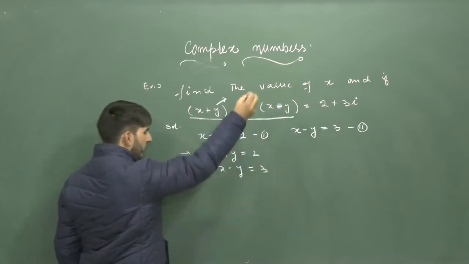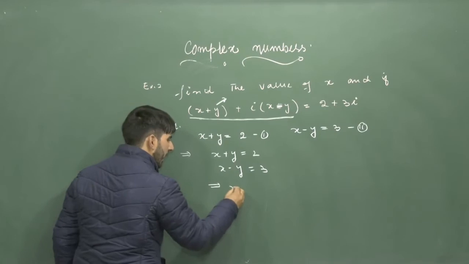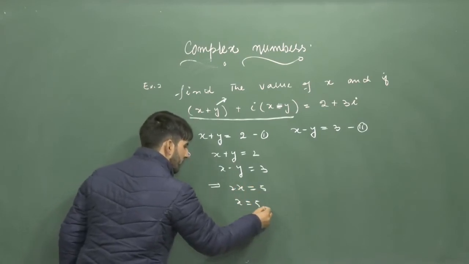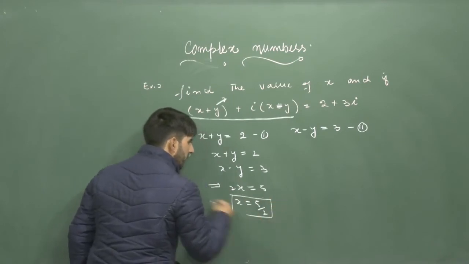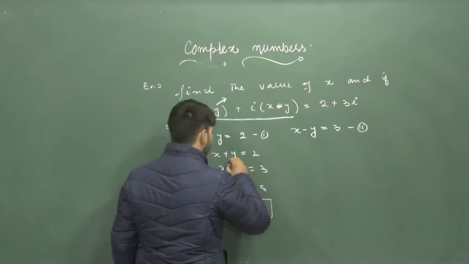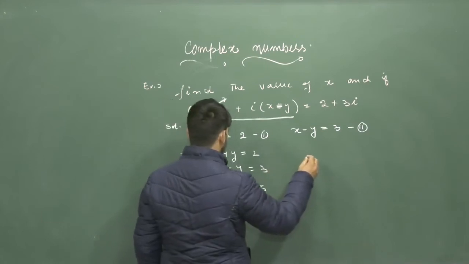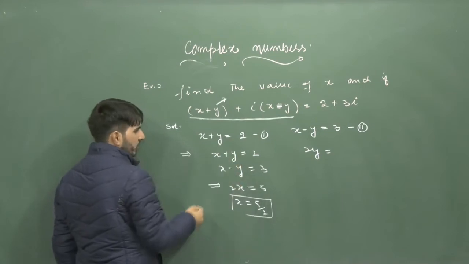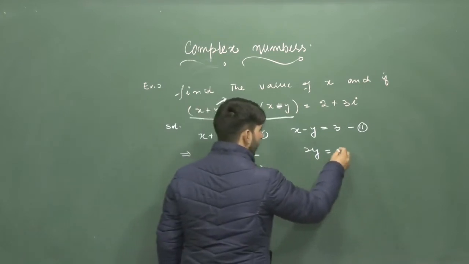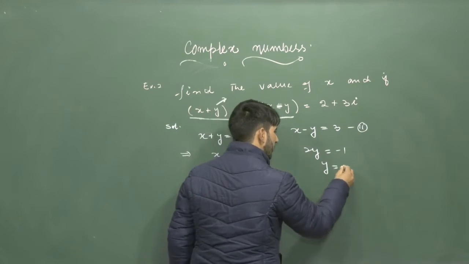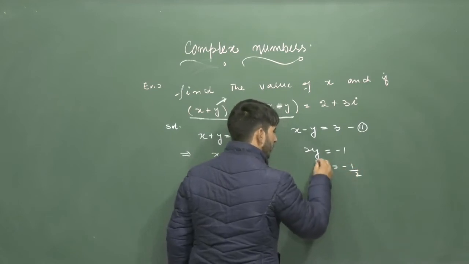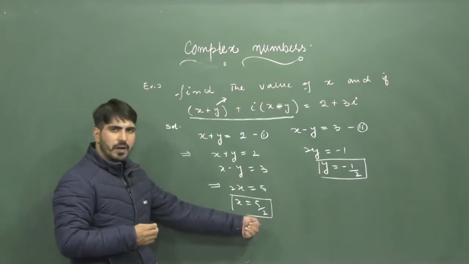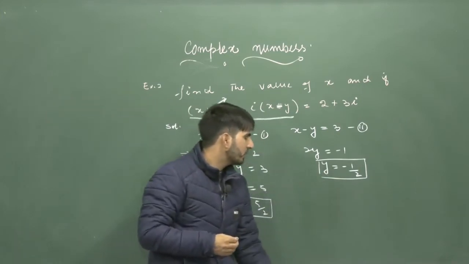Adding these two equations, we get 2x is equal to 5, that is x is equal to 5 by 2. Similarly, if we subtract these two equations, we get 2y is equal to minus 1. So y is equal to minus 1 upon 2. Therefore, x is equal to 5 by 2 and y is equal to minus 1 by 2.